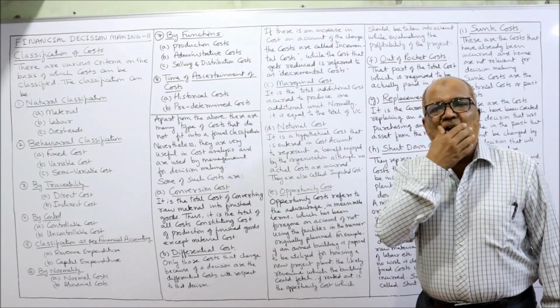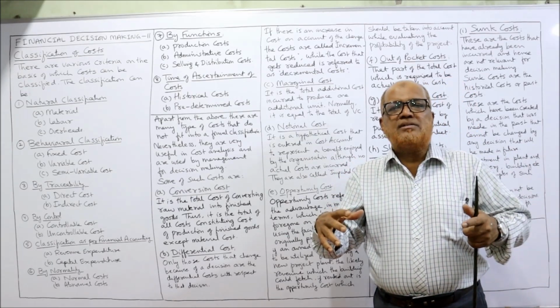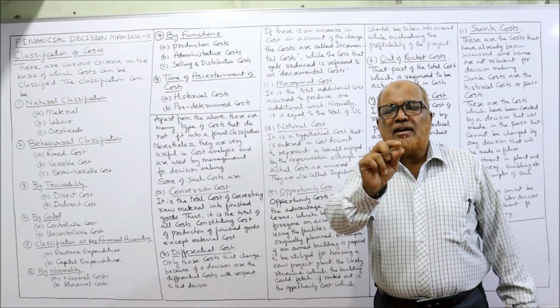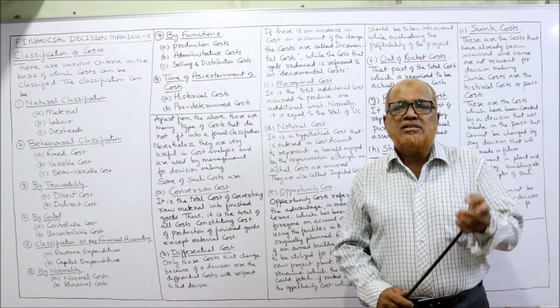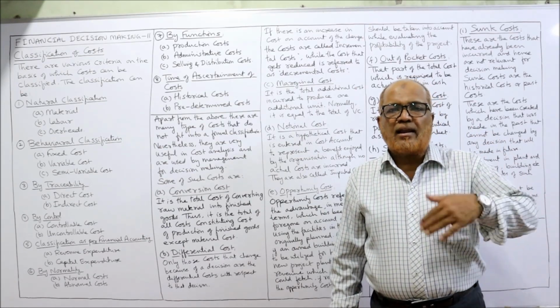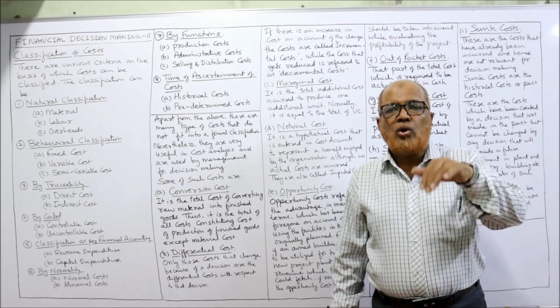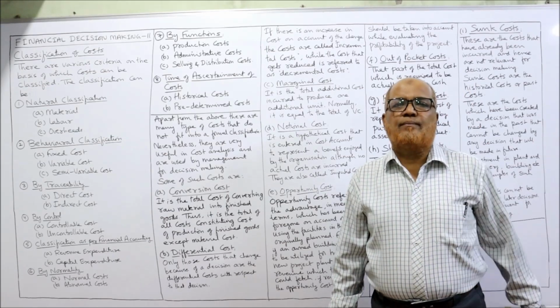Example, the salary of the owner, proprietor. The proprietor is working in the business. We are saying that salary is paid to the proprietor. Actually, salary will not be paid. He is the owner, he is getting the profit of the business. So when salary is paid to the owner, or notional rent, rent paid on own premises.